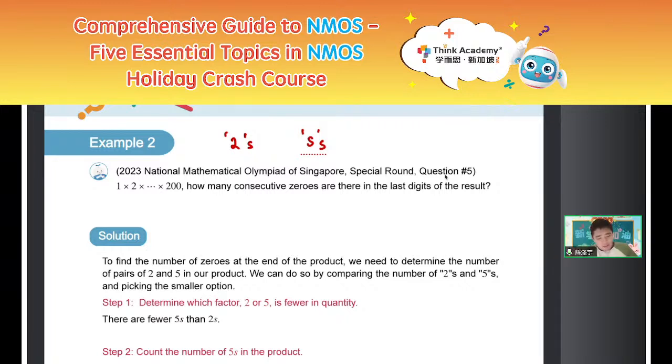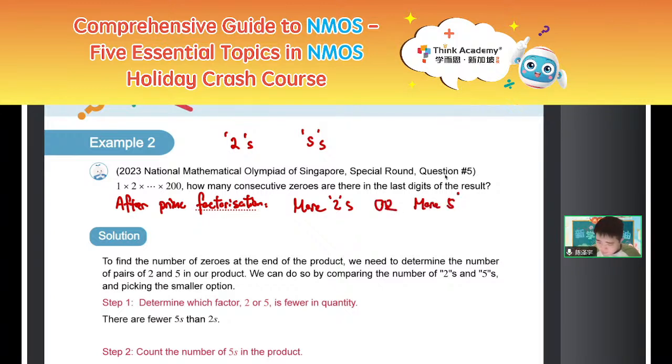If we have 1 times 2 all the way to 200, after we do the prime factorization, we'll have more twos or more fives.